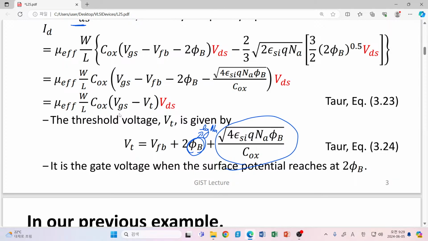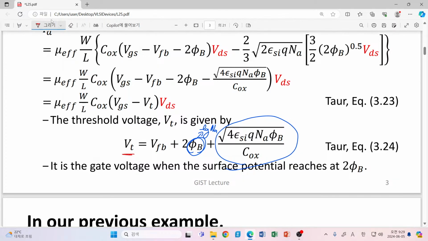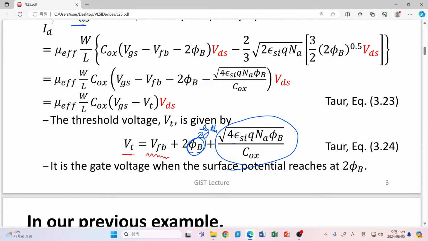But when you have a look at this equation 3.24, you can identify a more direct term which affects the threshold voltage. Can you point out the more direct term to control this threshold voltage? So you can easily understand this one. The flat band voltage is directly related to the threshold voltage.